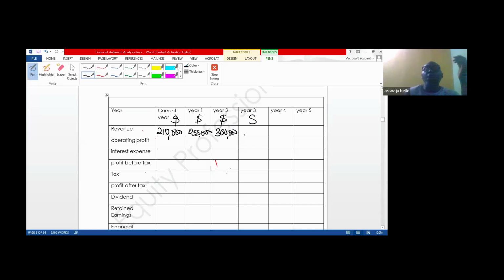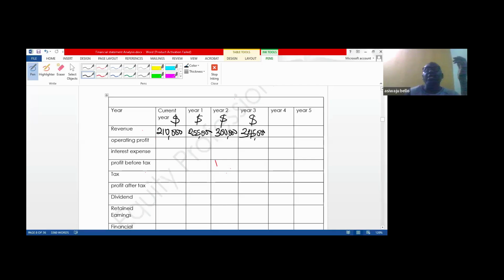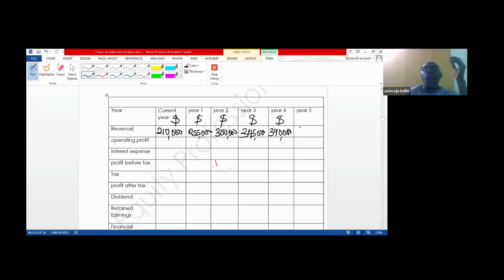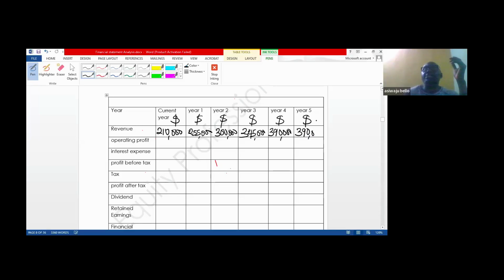In year 3, plus 45, $345,000. In year 4, plus 45, $390,000. In year 5, 435.